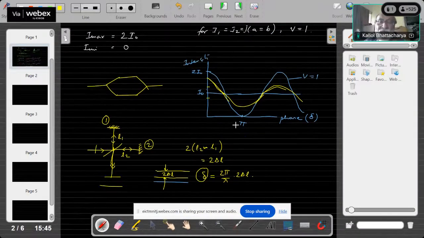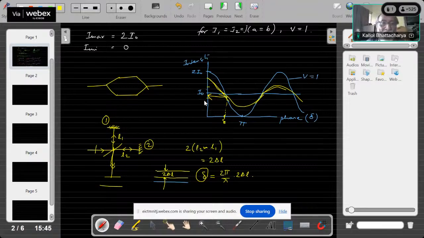Let us assume that this phase, delta, falls somewhere here. It can be at any point. It means that you would get an intensity corresponding to this value, right?